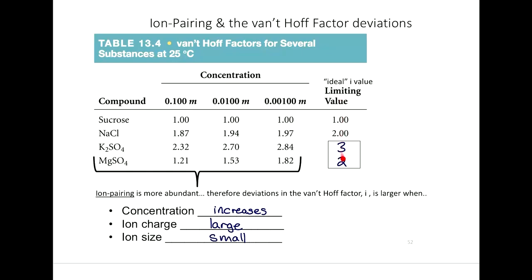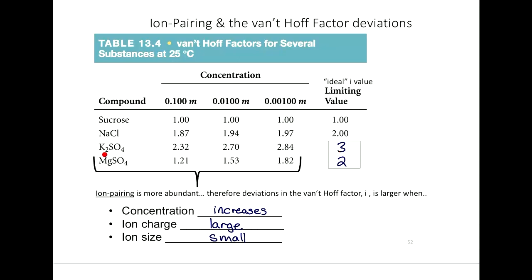And so these are our limiting values, but what we actually observe in lab are some lower values, okay? For NaCl, we see that the actual observed value is lower than 2, but it's most lowered when the concentration is very high. So in this high concentration sodium chloride solution, ions are more likely to do ion pairing to lower that Van 't Hoff factor.